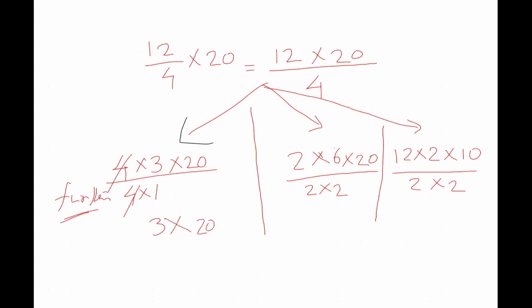Then this kid says, oh, okay, I'm cutting this. And this kid is writing 6 times 20 by 2. And this kid is cutting these two. He is writing 12 times 10 divided by 2.